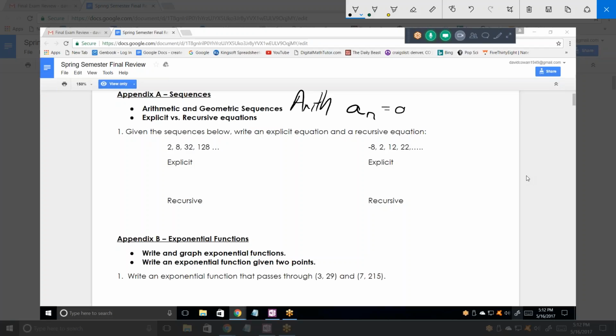It's the first term plus the common difference times the number of terms minus 1. Okay? And the geometric equivalent is the nth term is the first term times the common ratio raised to the nth minus 1 power.